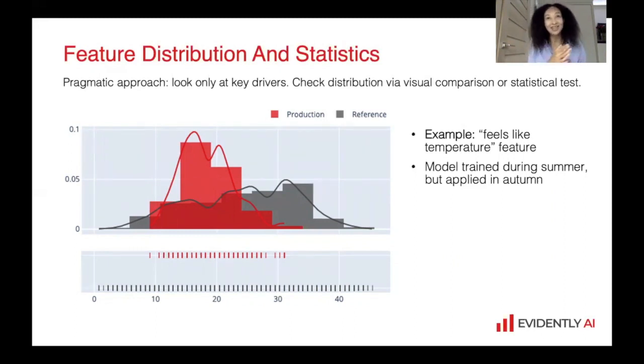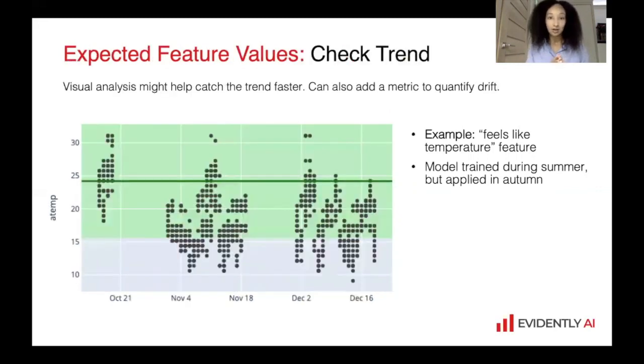For example, you can use the two-sample Kolmogorov-Smirnov test to compare your distributions and see if something changed compared to the training time, right? Or you can still do visual analysis. With all my love for statistical tests, sometimes visual analysis helps you catch some trend even faster. So do not hesitate to look at your features, at least sometimes.